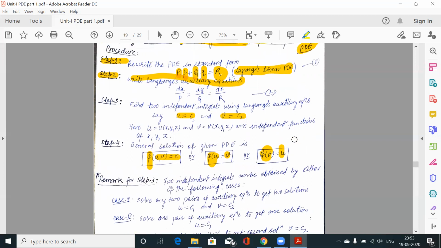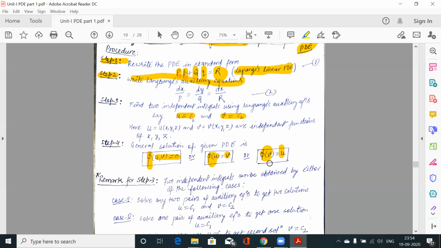Again, I need to let you remember one thing. In concept 3, in the formulation of PDE, we had three cases. First, by eliminating the arbitrary constants. Second, by eliminating the arbitrary functions. And third was the particular form of the arbitrary functions.